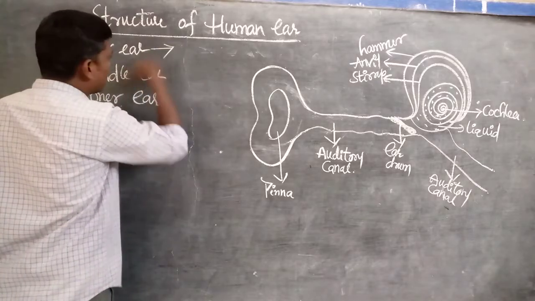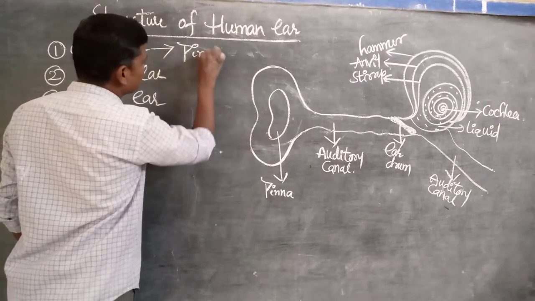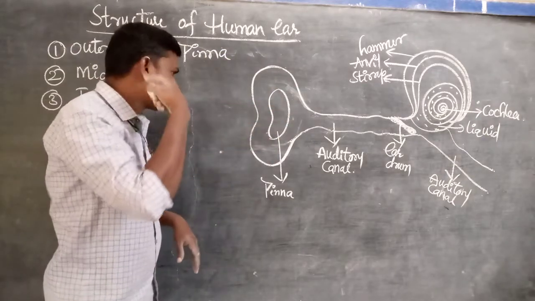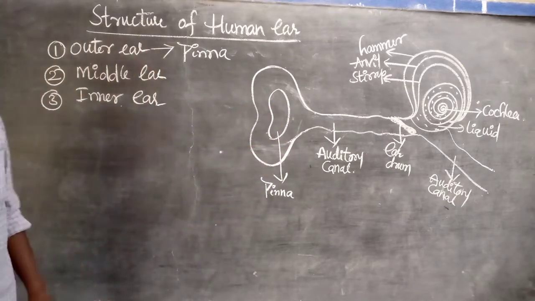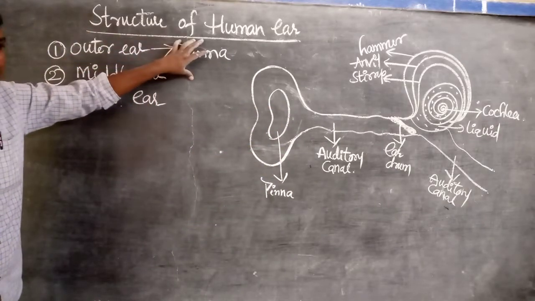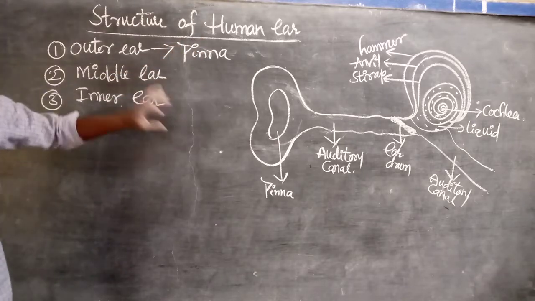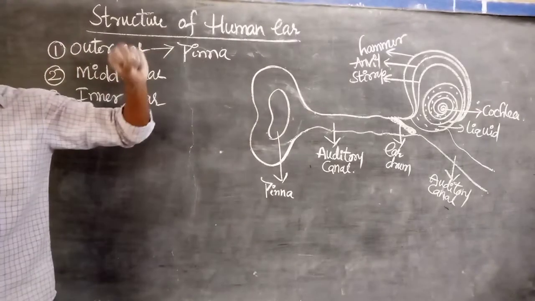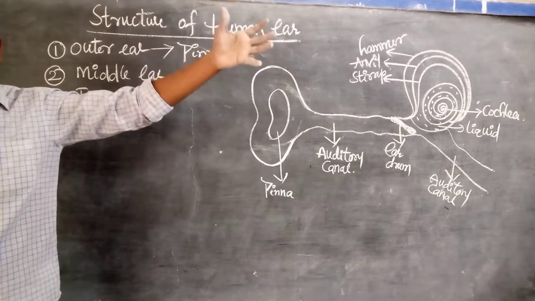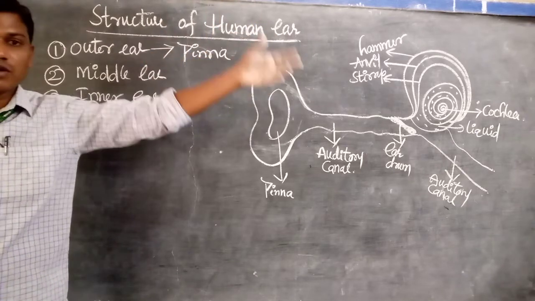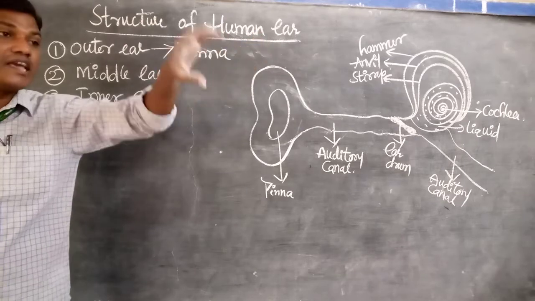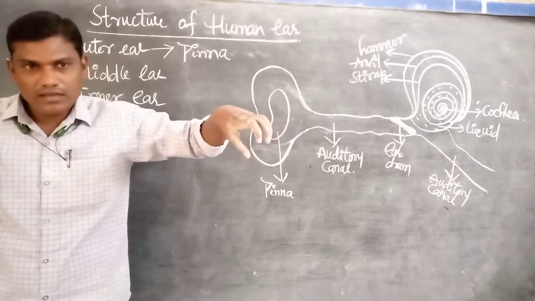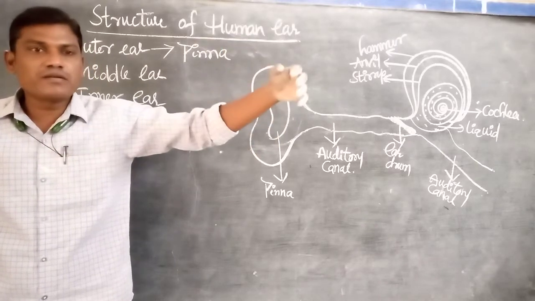Generally, the outer ear is called the pinna. Outer ear means this whole portion, and this portion we call the pinna. It collects the sounds from the surrounding area, whether people are talking, animals are barking, or any other noise is being made.